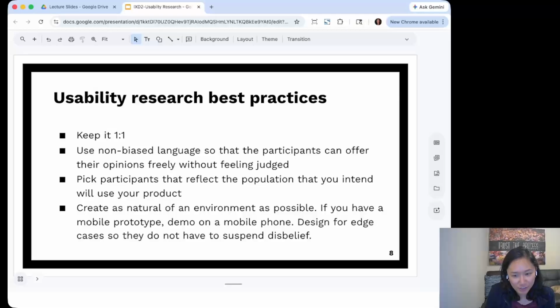The way that I've tried to do it is to make sure that my questions don't include any qualifiers or any quality language. So I won't say things like, look at this really complicated design. Tell me how you would add an item to the cart. I would never seed an idea for the participant that the design is complex. I would let them come to that conclusion on their own.